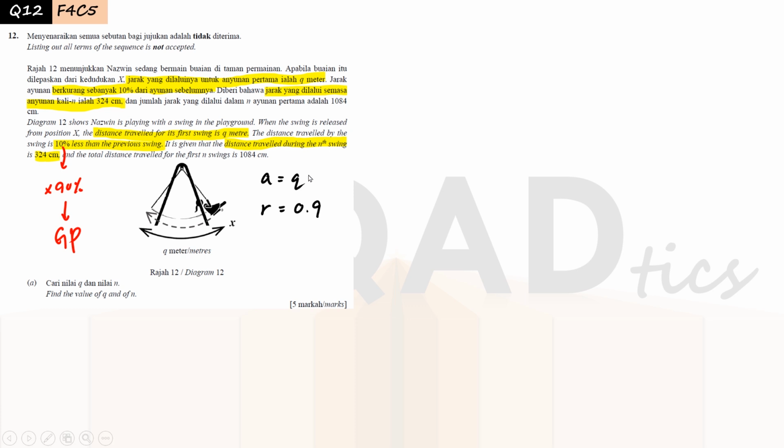So this is actually Tn, which is 324. And it says that the total distance of the first n swings, so this is Sn, and the value is 1084. So now we need to find the value of q and n.